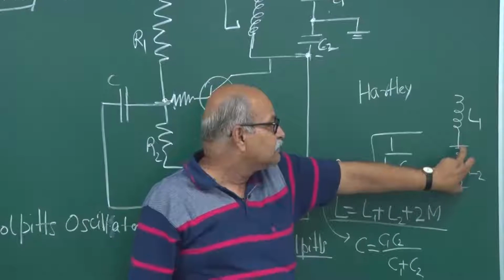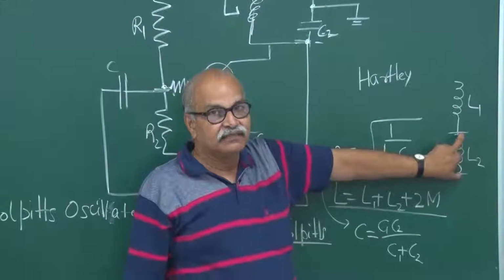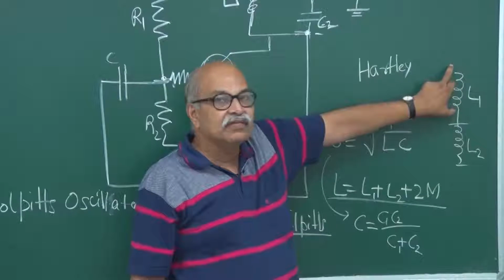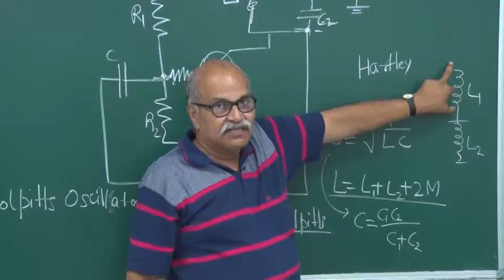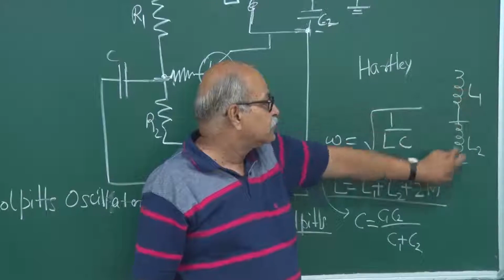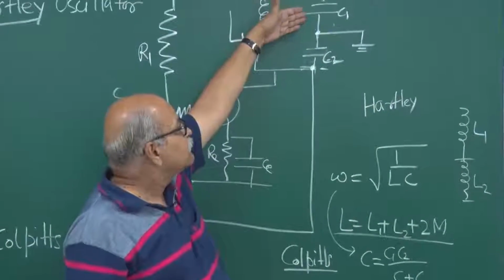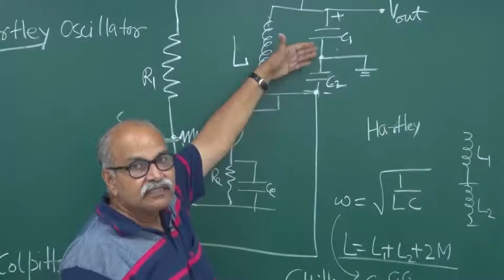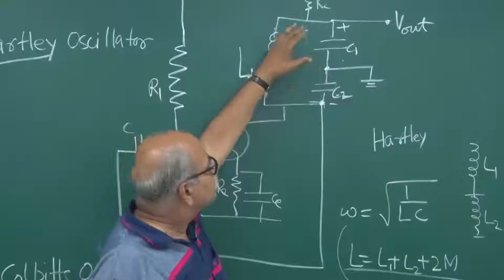So the part which is going into feedback, and the part which is going into the output, that fraction will be just this ratio of L1 and L2, and similarly here that fraction will be the ratio of C1 and C2, because the current is the same.